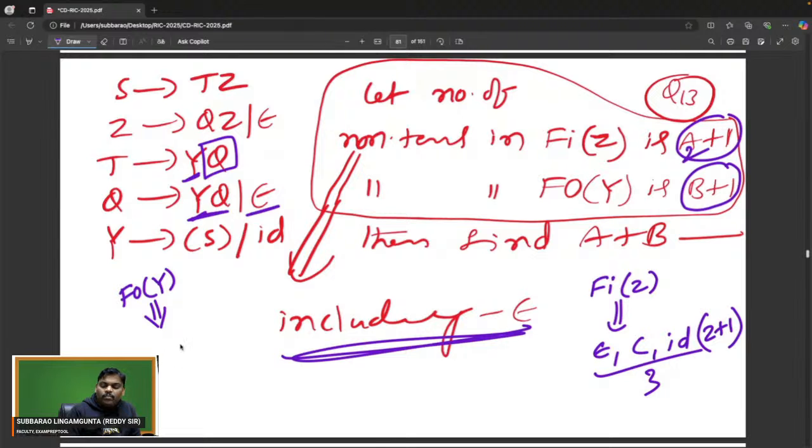But remember everyone, follow never contains epsilon. Epsilon is of no use here anyhow. So let me write now. Because follow of Y is first of Q, and first of Q gives epsilon, if I keep epsilon, then further, follow of T also.